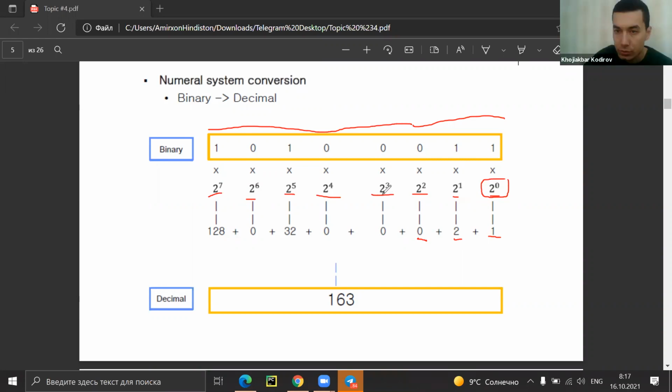2 to the power of 3 is 8. 8 multiplied by 0 is 0.